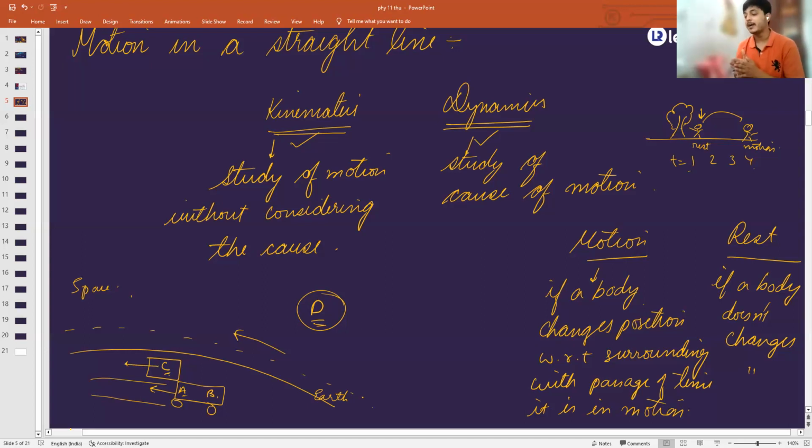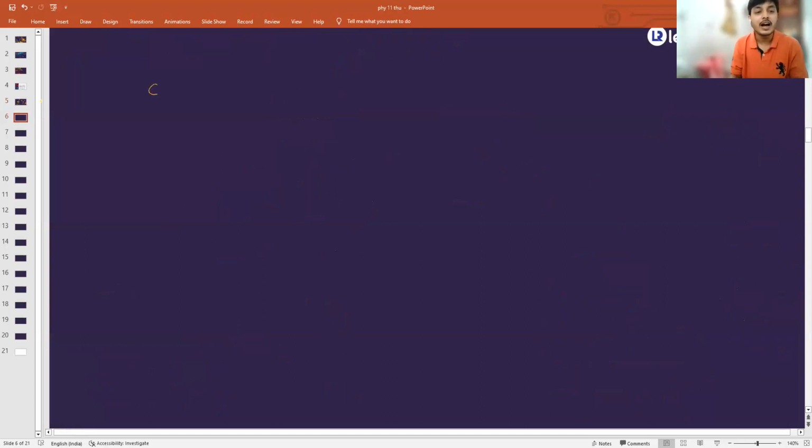Whoever is the observer, his motion, his considerations, his time of reference, everything is considered to be zero. For example, if I say that I am moving with the speed of 40 meters per second, and you are standing here, and this is Yashwant, I will not say that I am going forward.